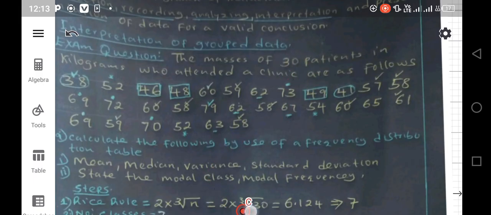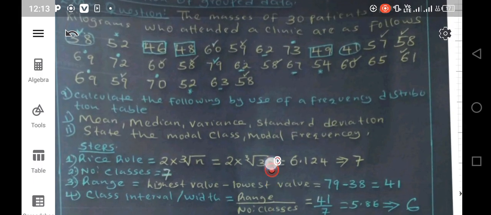So you say 2 times the cube root of the sample size, you get 6.124. Because we are going to deal with whole numbers, we translate that 6.124 to 7, because it says that most numbers of classes fall between 5 to 12. Now we are going to have 7. Number 2, the number of classes we have found is 7, by the use of the Rice rule formula.